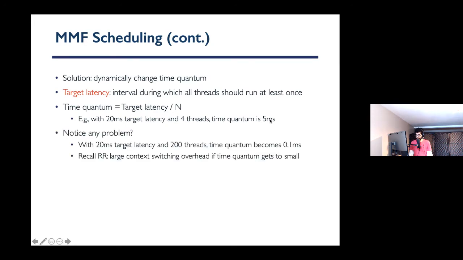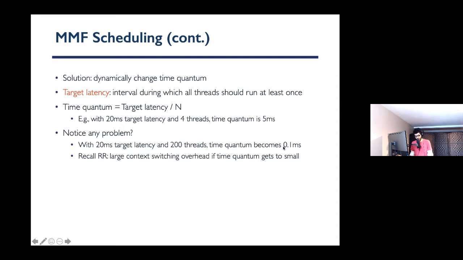Now, this is not all that rosy. The reason is this n could be really large. What happens if you have this target latency of 20 milliseconds, but you have 200 threads in your system? In that case, the length of your time quantum becomes 0.1 milliseconds.